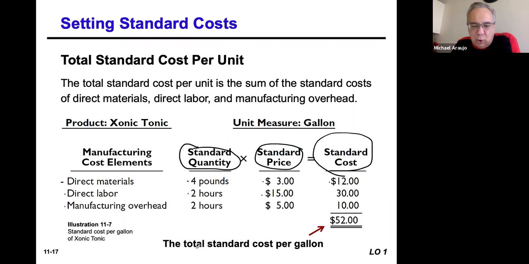So the total standard cost for every gallon of this, oh, here it is, Zonic tonic that they have in your book, is $52 total standard cost per unit. And the total standard cost, as you see here, is the sum of the direct materials, the direct labor, and the manufacturing overhead.